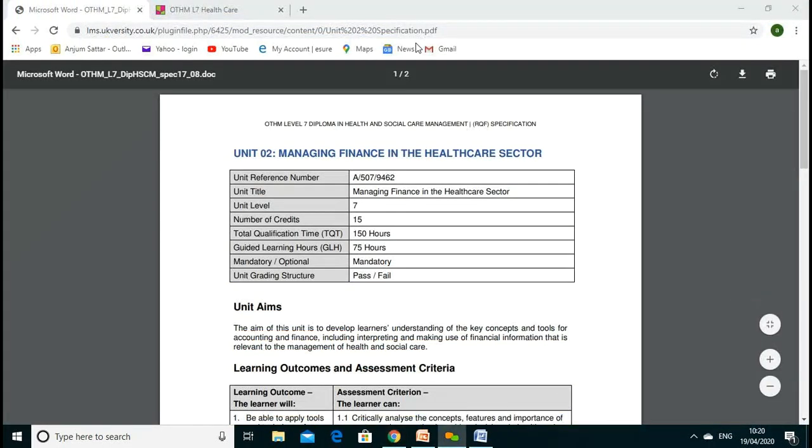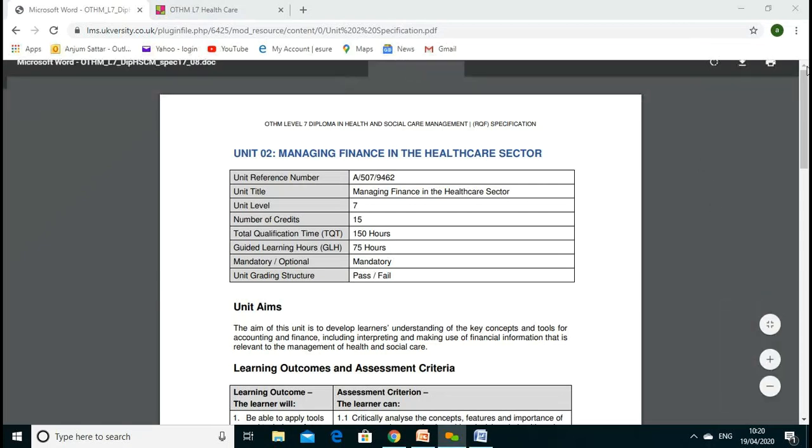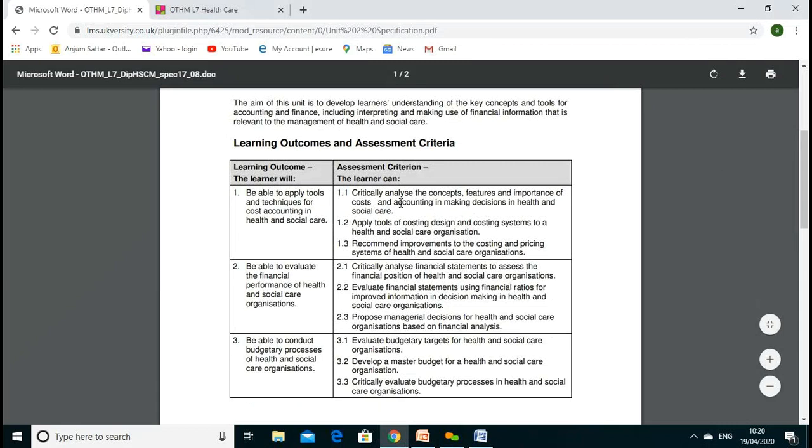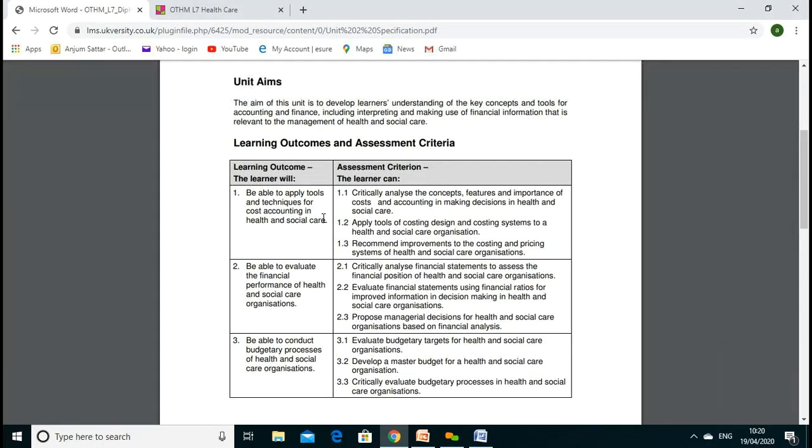Okay, before starting today's lesson, we'll first recap what we learned during our previous lesson. Last lesson was lesson 1, be able to apply the tools and techniques of cost accounting. We learned about marginal cost, which means all the variable costs. We learned about absorption cost, which means the full cost. We learned about activity based costing, which means ABC costing.